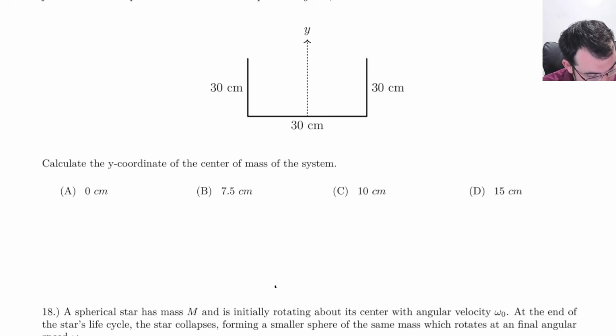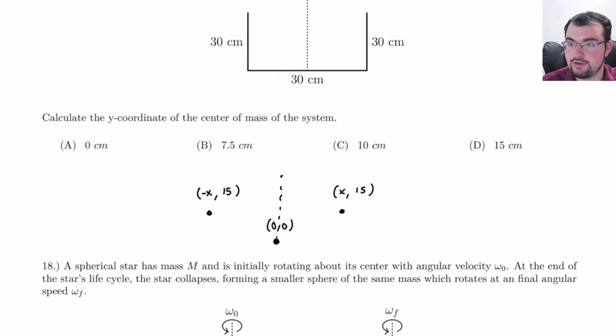where we could shrink down the bottom rod to just a point at 0, 0. We could shrink the right rod and left rod each to points that would be at some x coordinate that we don't care about, and then 15 centimeters.